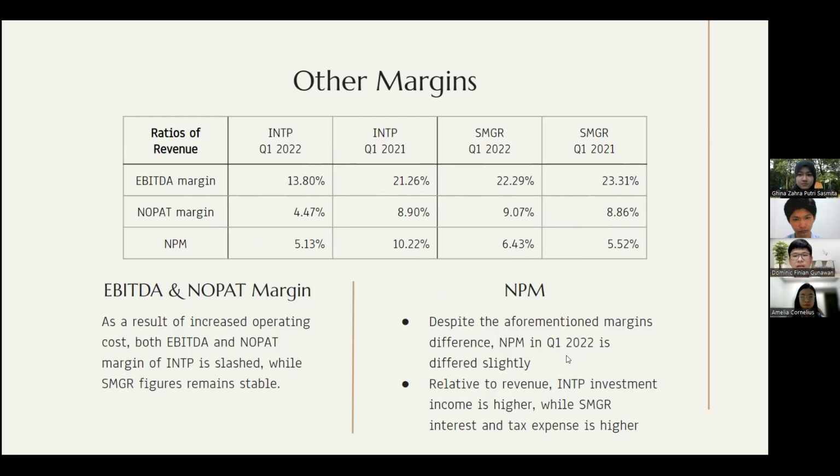The reason behind this pattern is that INTP's investment income is higher, while SMGR's interest and tax expense is higher. This is due to the financing policy of SMGR to fund their operation with more debt than INTP, and they also incur more tax expense as they have more non-deductible expenses than INTP.